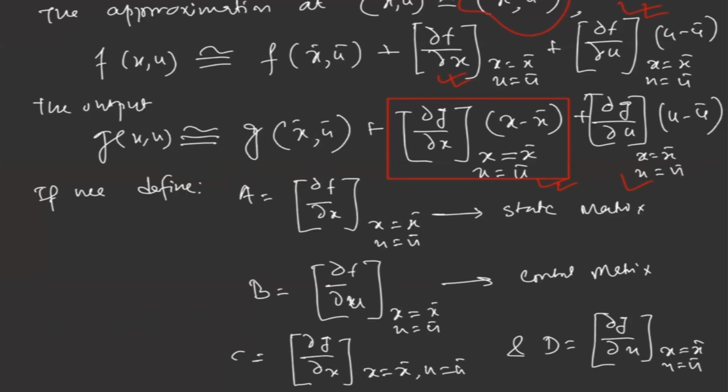Now we'll find the linear equations from the above concept. If you write in terms of matrices, from this system and this system, we can write x dot equivalent to f of x bar, u bar.